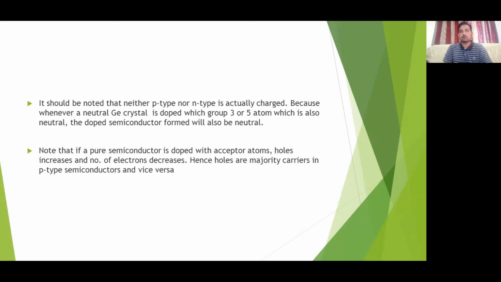No. Both N-type and P-type semiconductors are neutral. The reason is very simple. Because you are combining a neutral germanium crystal with a neutral atom from group 3 or from group 5. So two neutral things combine to form a neutral crystal.